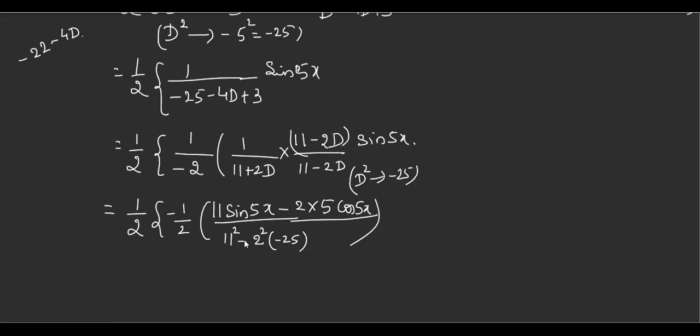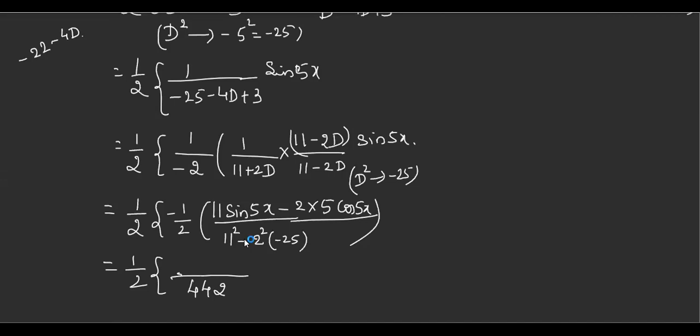Write the terms properly. So this is 1 by 2. This is now altogether 11 square is 121 plus 25 into 4 means 100. 121 plus 100 is 221. 221 into 2 is 442.